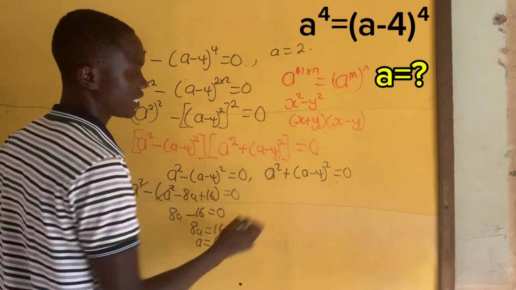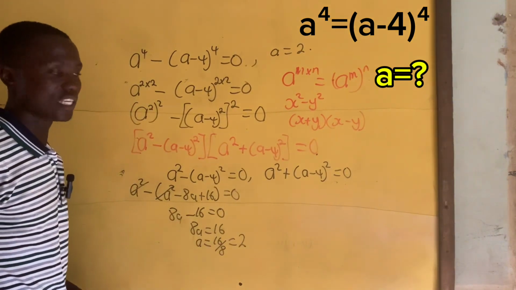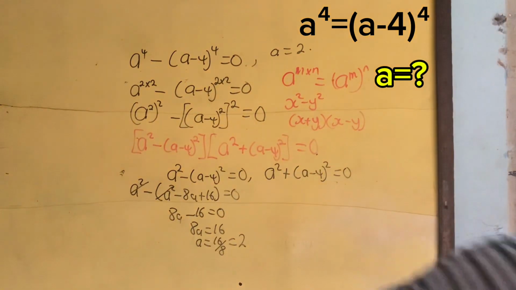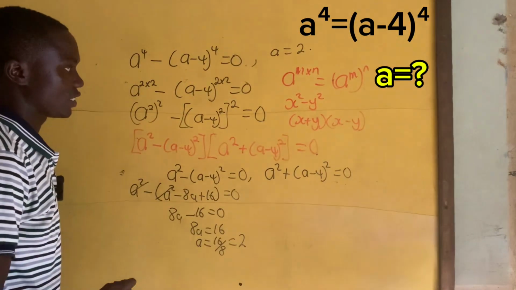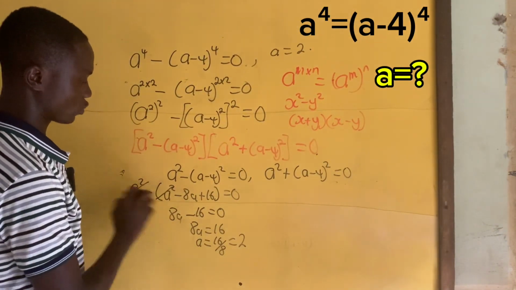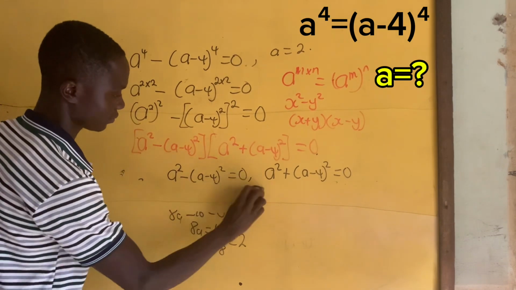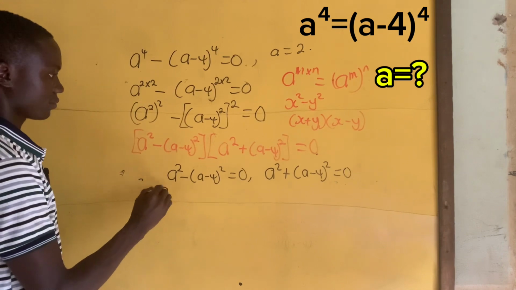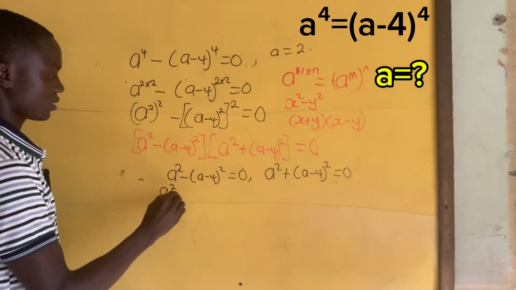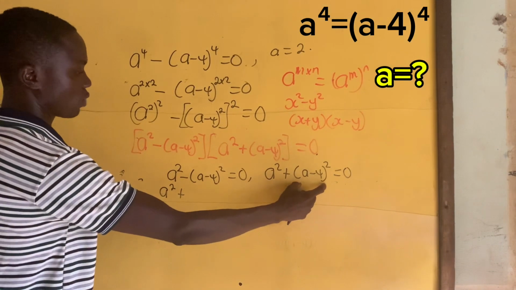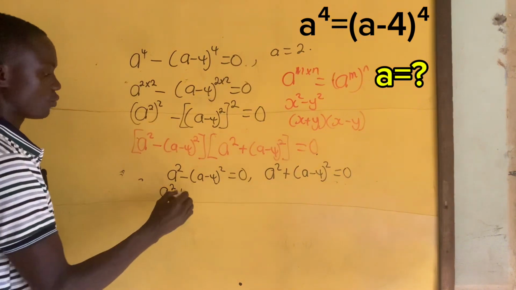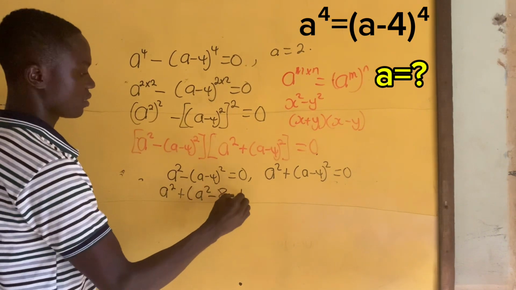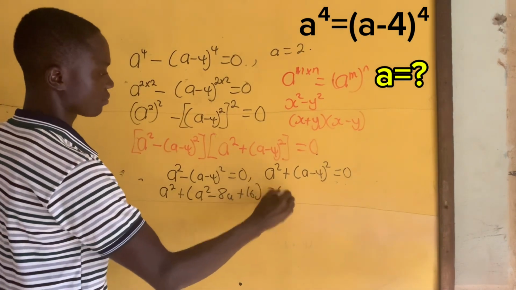Now we are left with this equation. Let us see if we proceed with that one too. So you're going to look at it this way. If I take a squared plus, we've expanded this one already, we had a squared minus 8a plus 16.